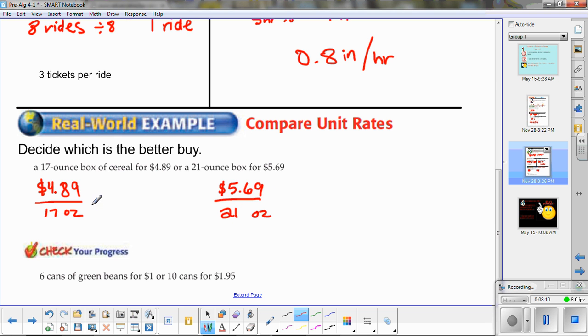So we're going to want to take our first one and divide by 17 to find out how much it is for 1 ounce. And I'm going to grab a calculator here. $4.89 divided by 17. It's 0.2876 and so on.